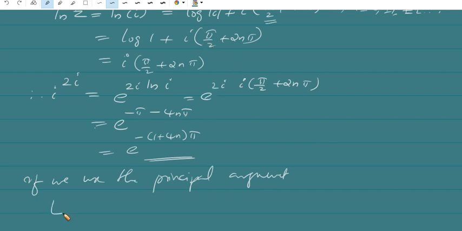So ln of i is equal to log 1 plus i into pi by 2 only. So this will give i into pi by 2.